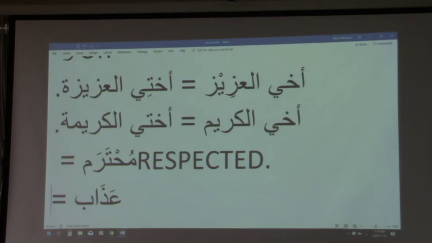Adab is punishment. Some people will not say adab, they will say azab. Sometimes it's nice when people make a mistake, so we learn from them. Azab, look here.